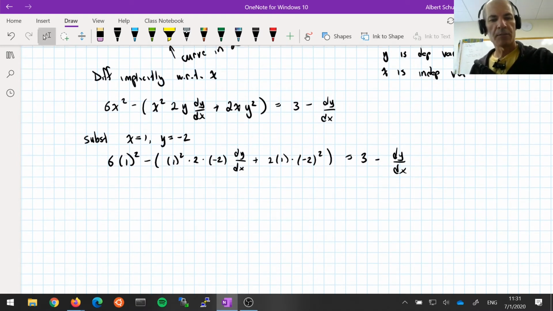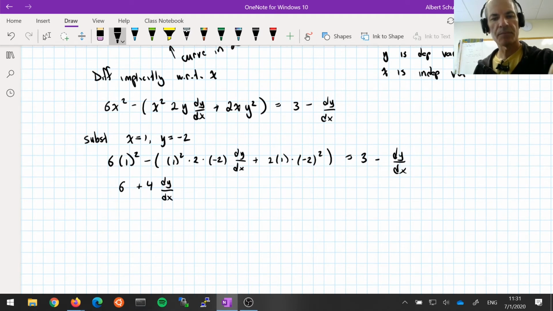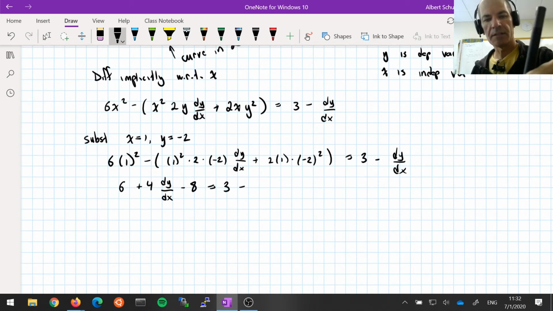All right, let's evaluate some of these expressions. We have a 6, we have minus 1, 1 times 2 times negative 2 is negative 4, so we get plus 4 dy/dx. So that takes care of all of that. And then we have 2 times negative 2 squared, that's going to be 8, so negative 8, equals 3 minus dy/dx.